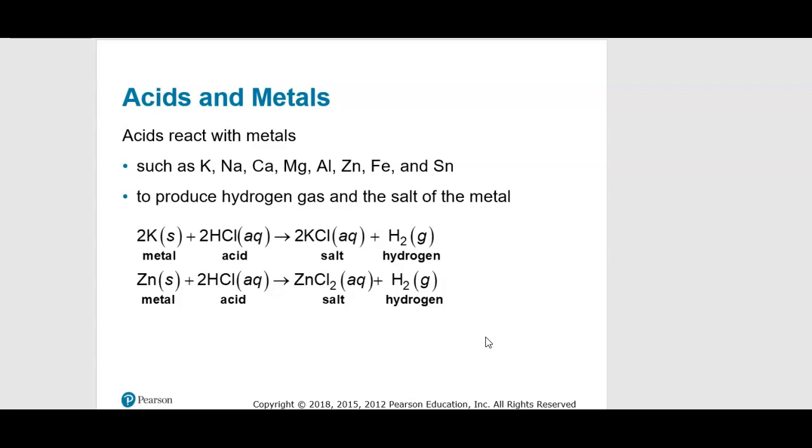So you're going to get hydrogen taking on an electron from potassium. Two hydrogen atoms are going to form diatomic hydrogen, and you get hydrogen gas. And a similar thing happens with zinc.